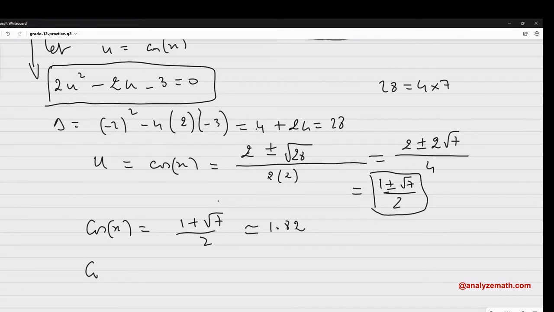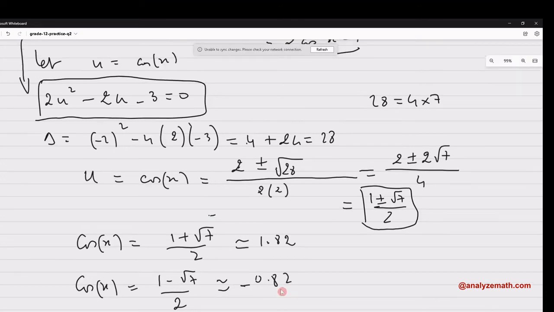The second solution is cosine x equal to 1 minus the square root of 7 over 2, which is approximately minus 0.82. Now the first cannot be a solution, because the cosine is less than or equal to 1. So we are left with one solution here.